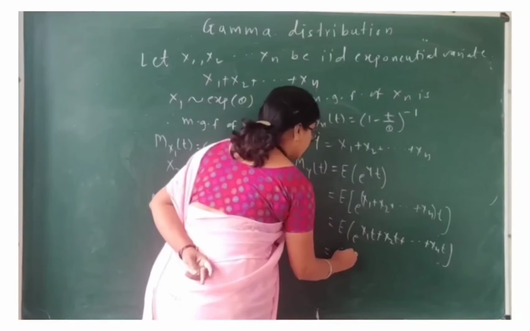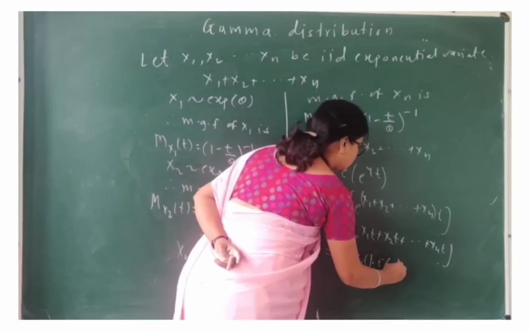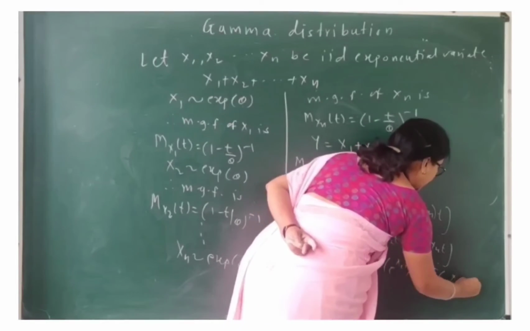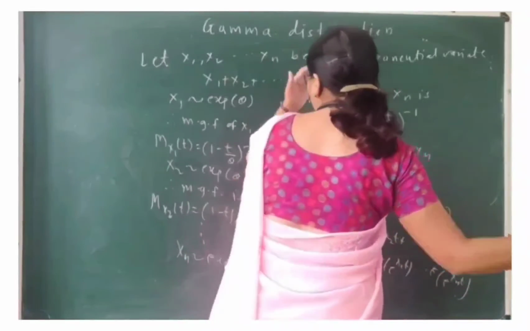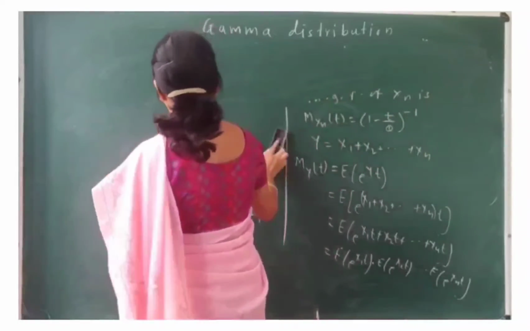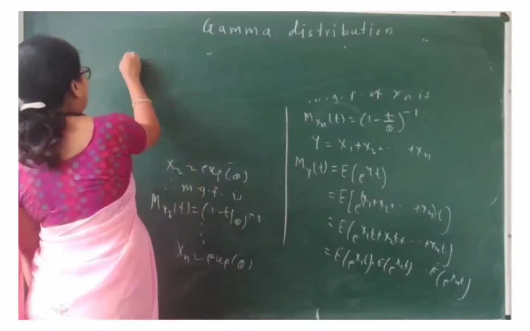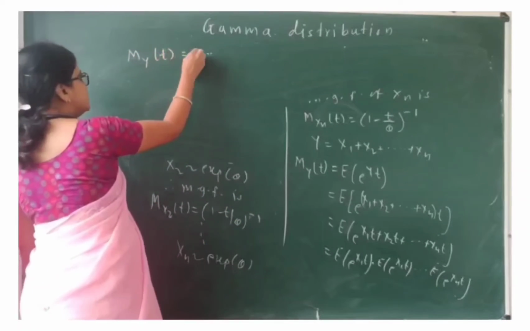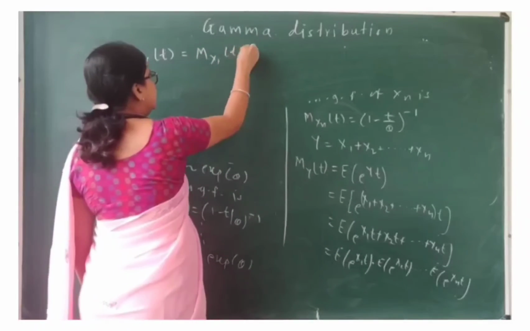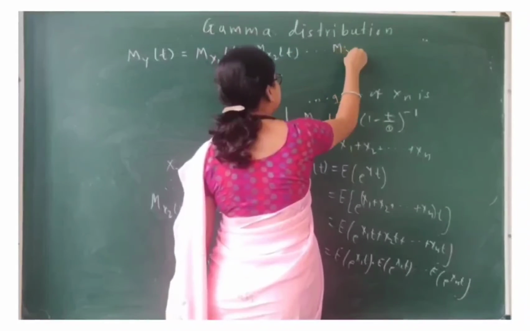This is equal to the expectation of e raised to X1t into the expectation of e raised to X2t, so on up to the expectation of e raised to Xnt. Fine. So M_Y(t), if you observe the terms, is nothing but M_X1(t) into M_X2(t) so on up to M_Xn(t).